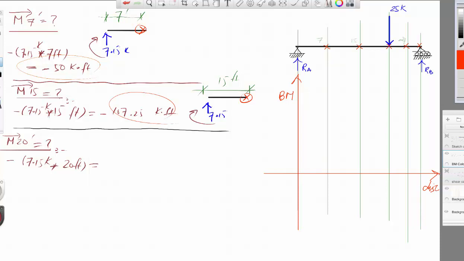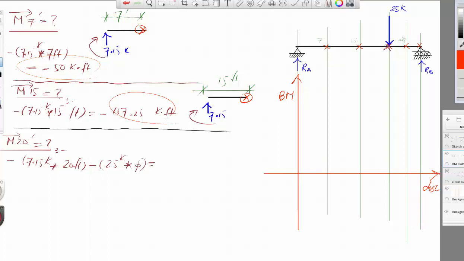because at 20 feet is this point. So you might ask, well, shall we include 25 or not? Well, the calculation can prove that to us. If we have 25 included, it will be minus 25 kips multiplied by the distance, and the 25 is sitting at a distance of 20, so there is no distance, meaning the distance is equal to 0.